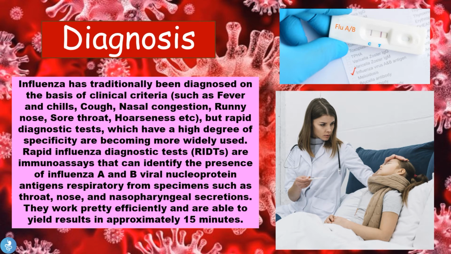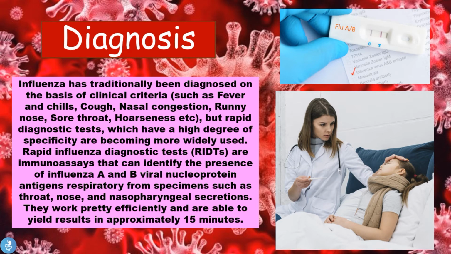So how can one go about diagnosing an influenza virus? Influenza has traditionally been diagnosed on the basis of clinical criteria such as the fever and chills, cough, nasal congestion, runny nose, sore throat, hoarseness, etc. But rapid diagnostic tests, which have a high degree of specificity, are becoming more widely used today.